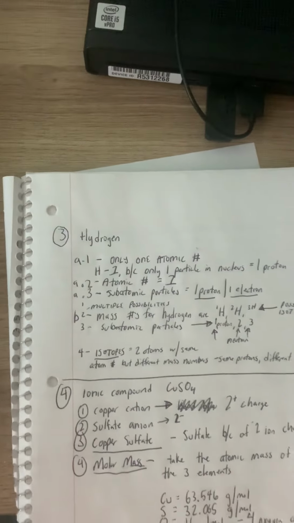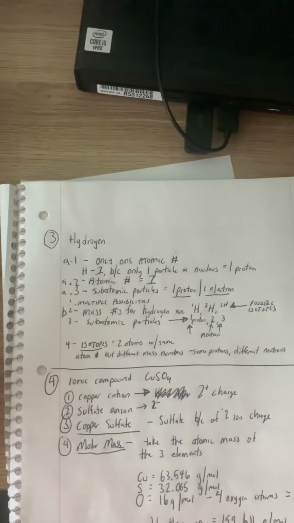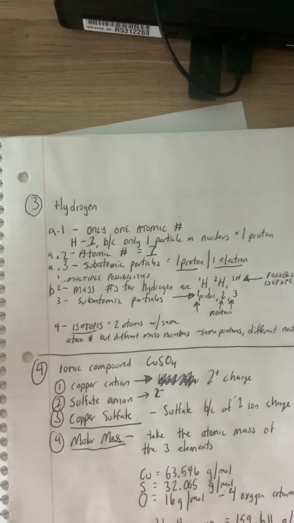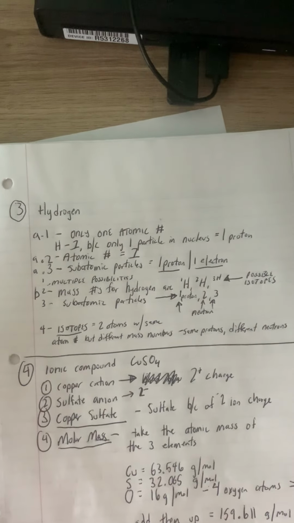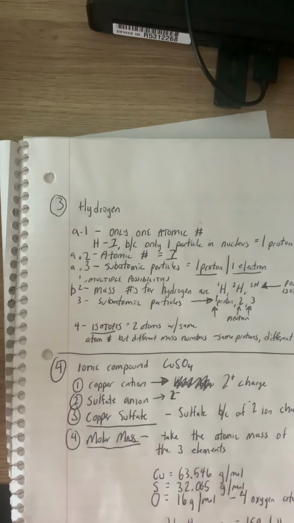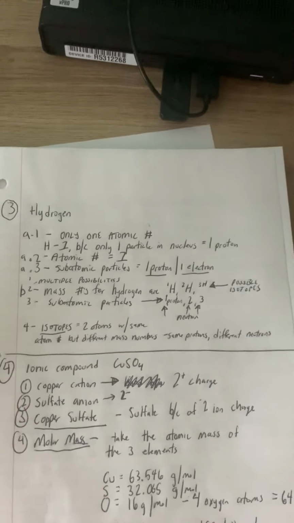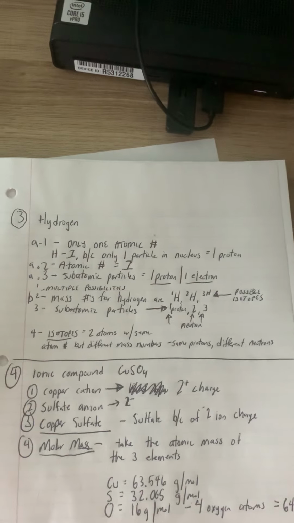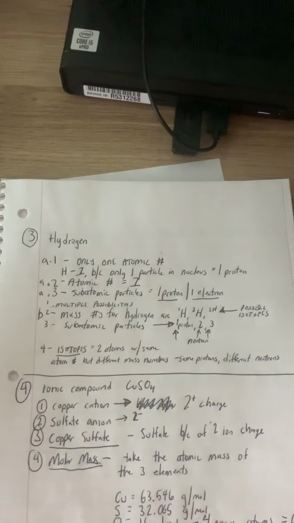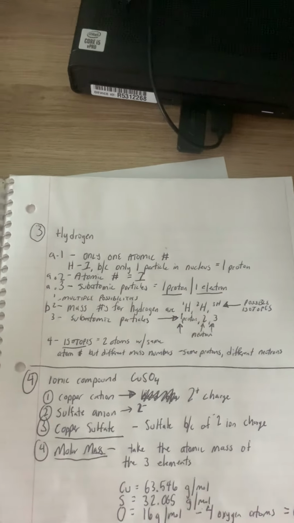Next, we're going to go to 3 here, and we're working with hydrogen. The first part was, is there 1 atomic number possible for H? And that is yes, because only 1 particle in the nucleus equals 1 proton. And then after that, what else are there? Atomic numbers for H, and the atomic number is 1, like I said. The sum of atomic particles is 1 proton, 1 electron, with multiple possibilities.